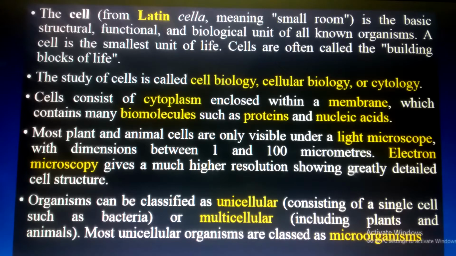Now, on the basis of the cell, organisms can be classified into unicellular as well as multicellular. Uni means one, cellular means cell. So unicellular organisms are those that consist of just one cell, like amoeba and many bacteria, fungi, yeast, etc. And multicellular organisms include all the higher plants and animals, which have many cells.